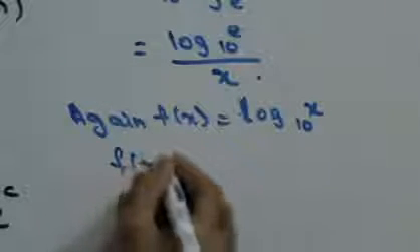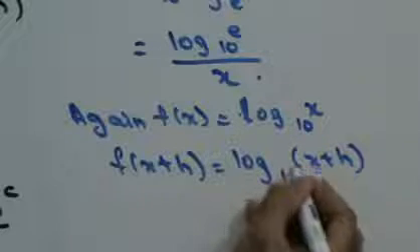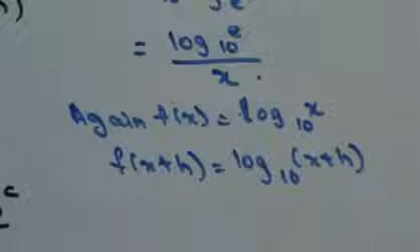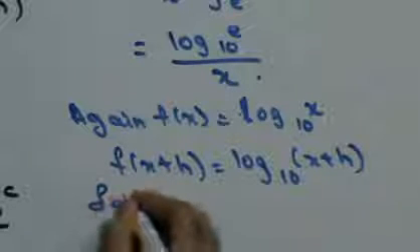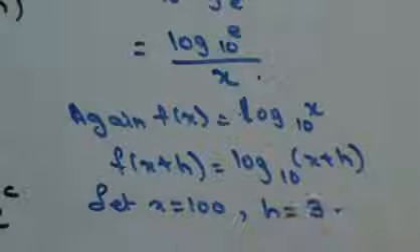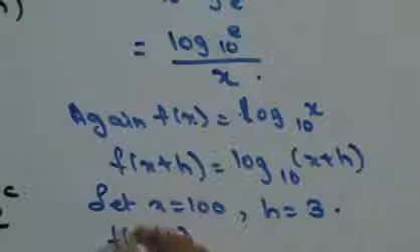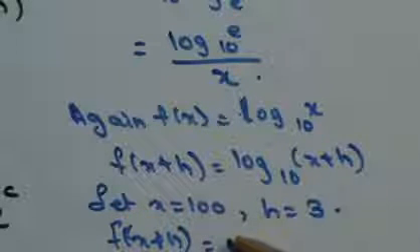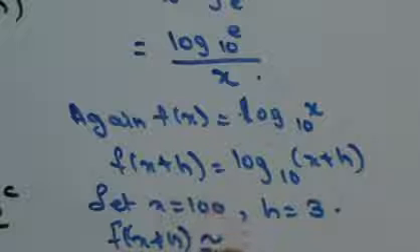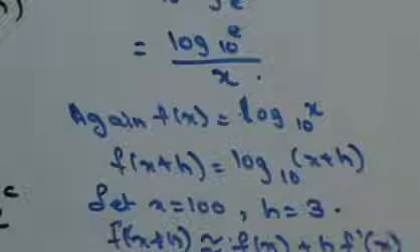Again f of x is log x to the base 10. So I can say f of x plus h is log x plus h to the base 10. Right? Now take a value close to 103 whose value you know well. Let x be equal to 100. Therefore h will be equal to 3. Use your formula f of x plus h is approximately equal to f of x plus h times f bar of x.